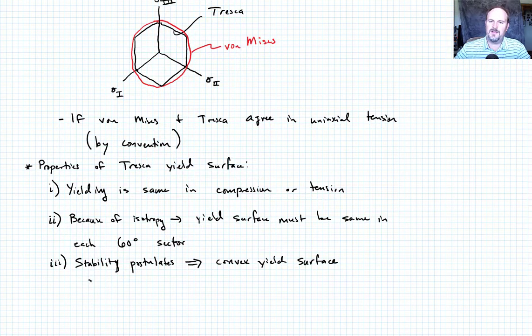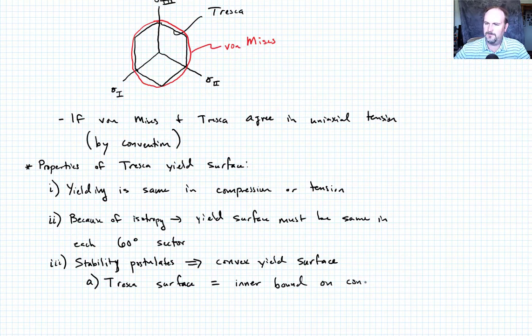So what we can see from above, if we look at this plot, is that the Tresca surface is actually the inner bound on convexity.